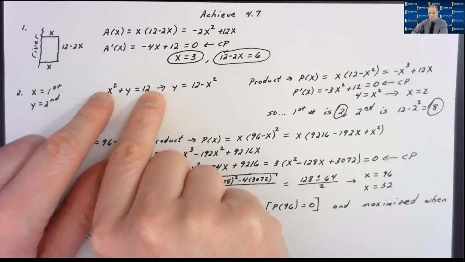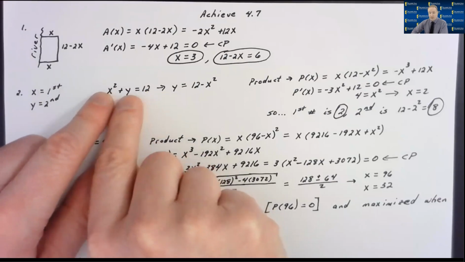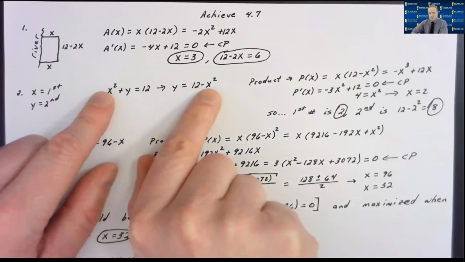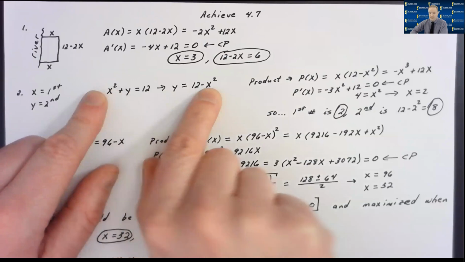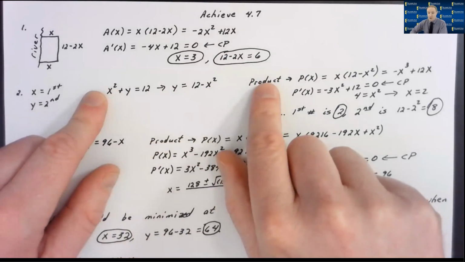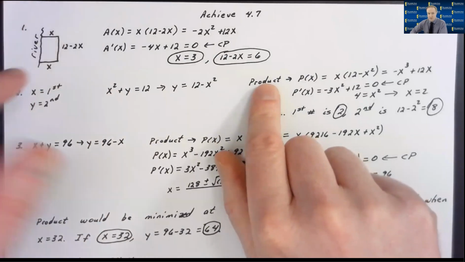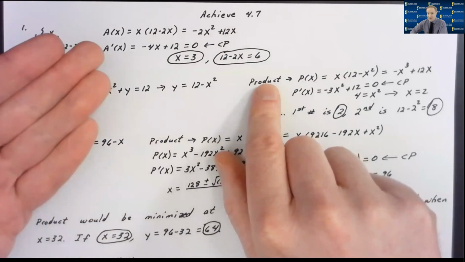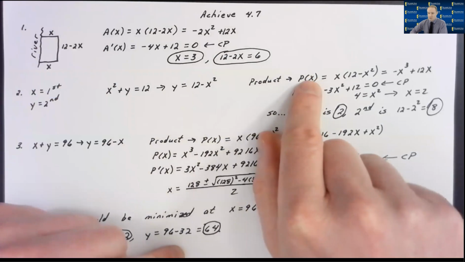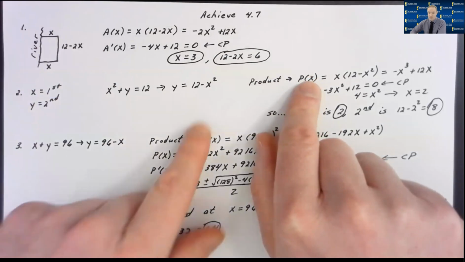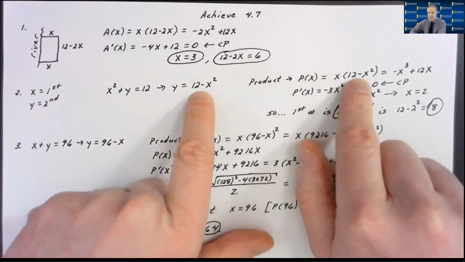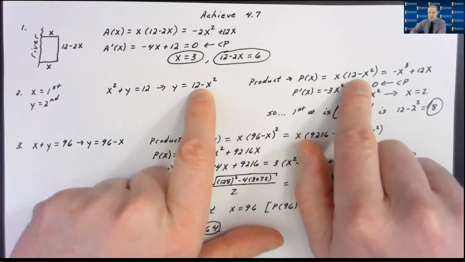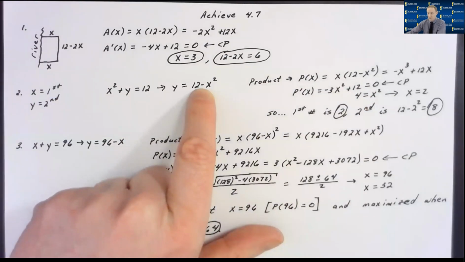Before I worry about their product, I solve for y in this equation. Then y is equal to 12 minus x squared. Now, it said that their product needed to be maximized. Clearly the product of the two numbers x and y would just be x times y. But I need the product with respect to x, which is why I said x times the equivalent of y in terms of x, which is 12 minus x squared.